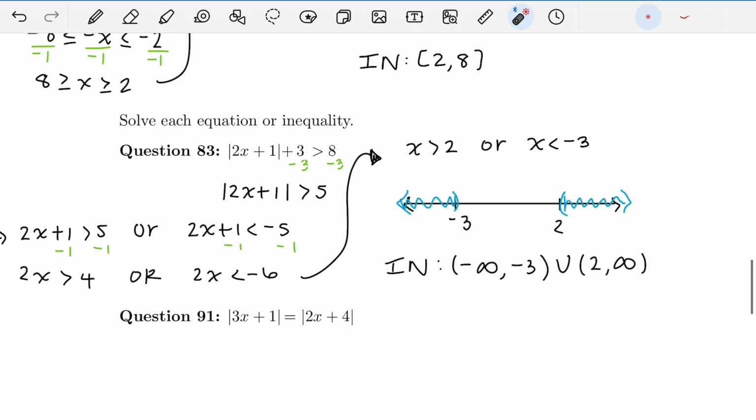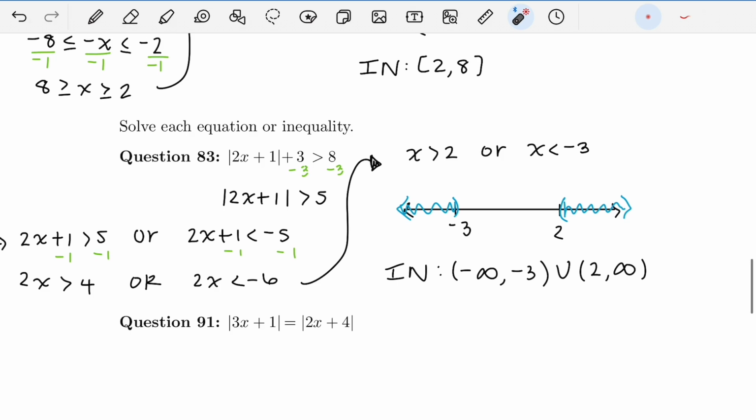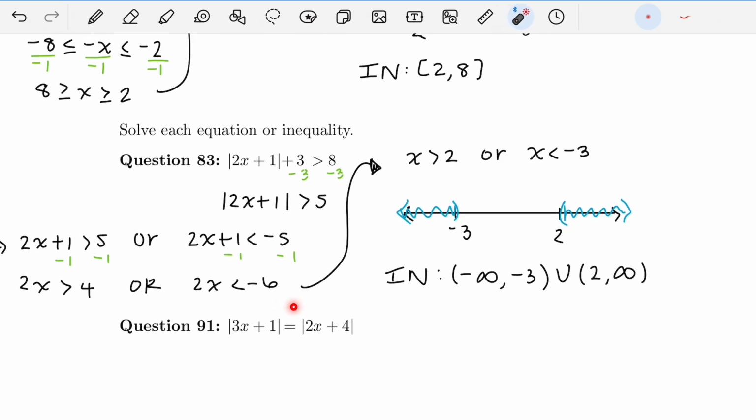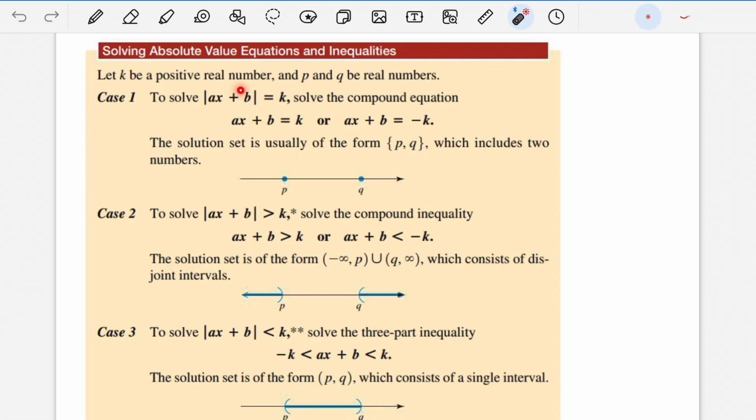All right, let's look at another example. Now this one here, we have an absolute value equal to an absolute value here. But this is still an example of case 1 here. We have an absolute value is going to be equal to something. Now in this case, our k is just another absolute value expression.